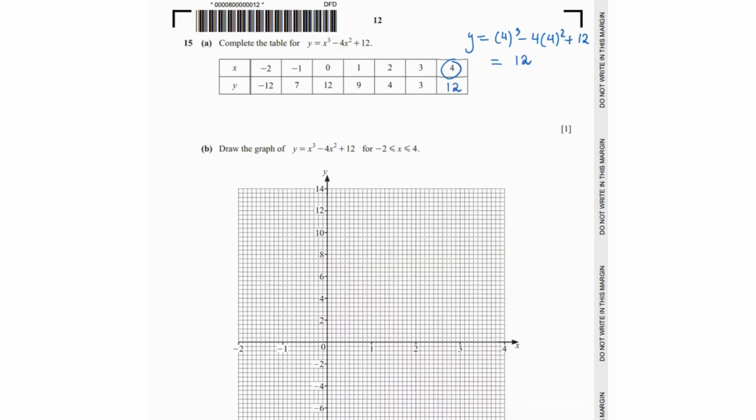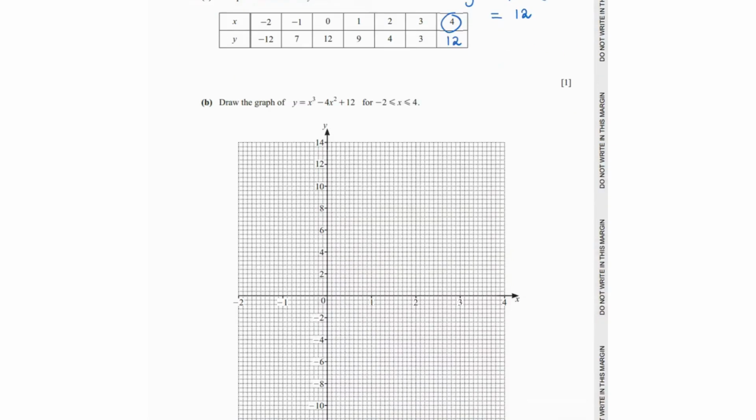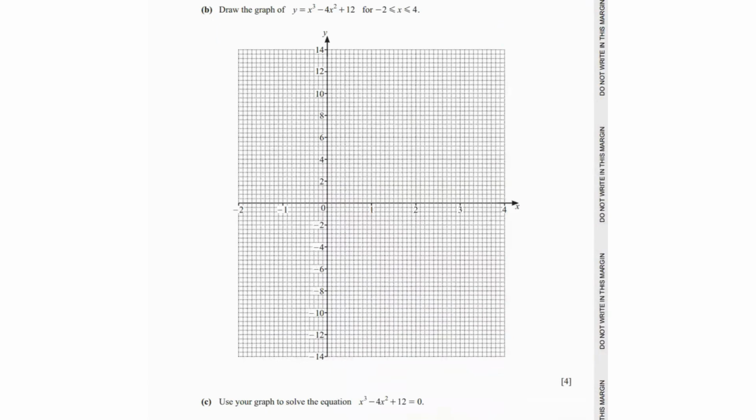So simple as that. Now we plot the points, -2 and -12.